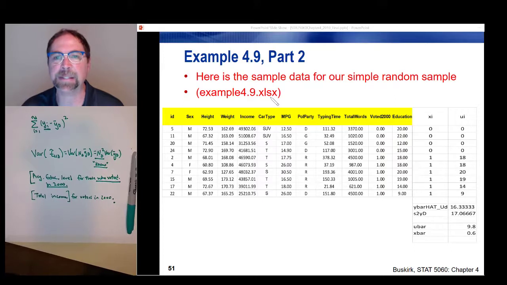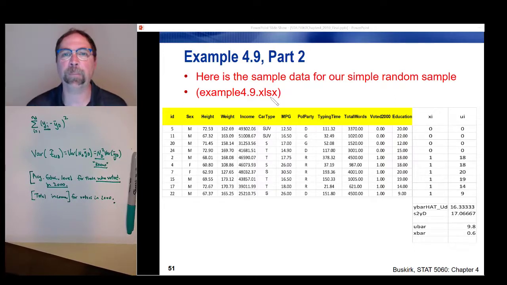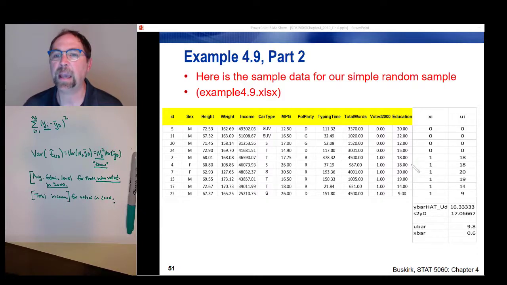It's a 10 element sample. You can see here a lot of the information from the Falcon Villas. This is the education level that we care about, and this is whether you voted in the 2000 election. You'll notice that I sorted the sample here so it's easier to compute these things. And you'll notice that my xi is just going to be a 0 if you're not in the domain.